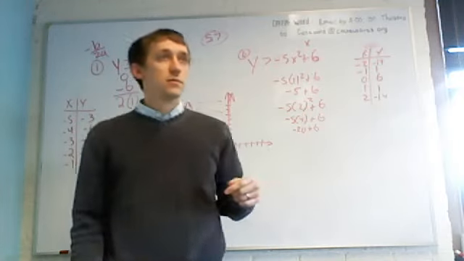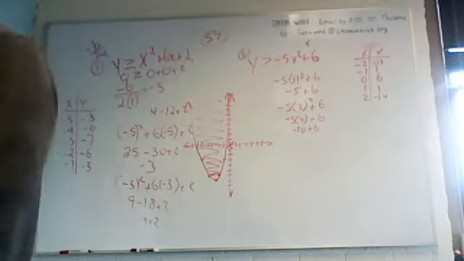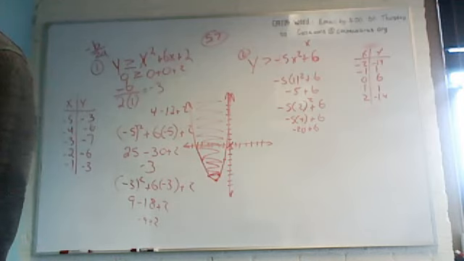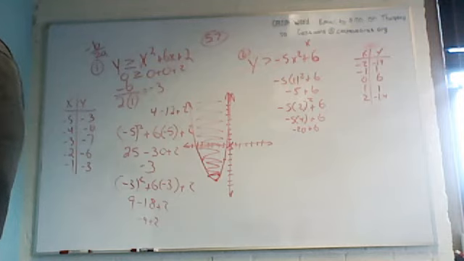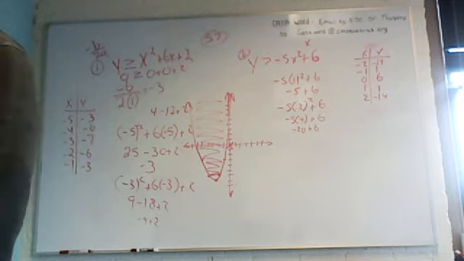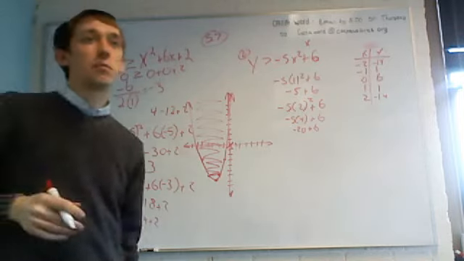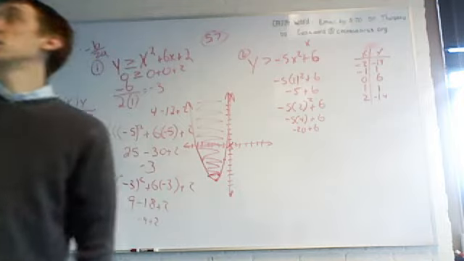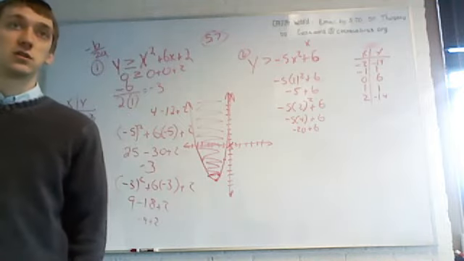Why does it just go triple then? Because it goes by square numbers in general. 1 squared is 1, 2 squared is 4, 3 squared is 9. It changes by 1, by 3, by 5, and the next one's going to change by 7. Square numbers change by consecutive odd integers.